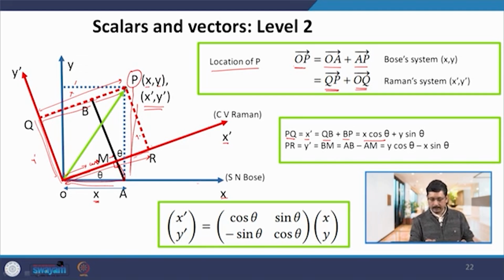Now, if you take the other, how much is BP? Consider this triangle ABP. Now, you can easily show by applying geometry that the angle between the x axis in the red frame and the x axis in the blue frame, for Bose's choice of coordinate system, is theta.